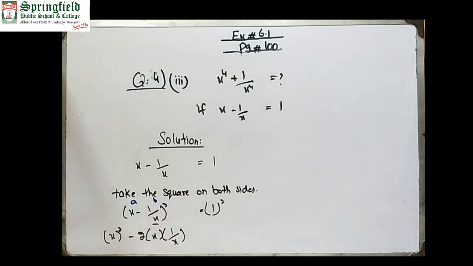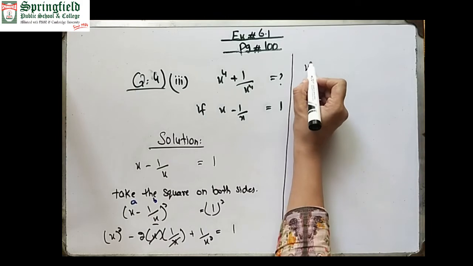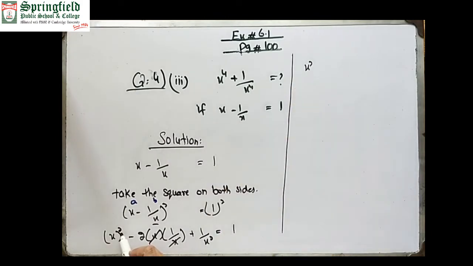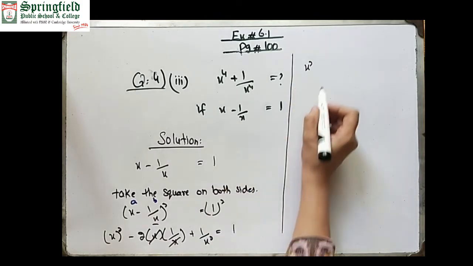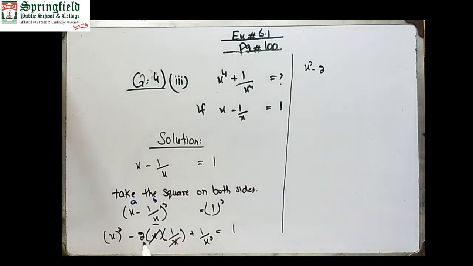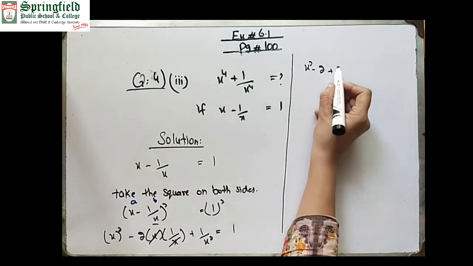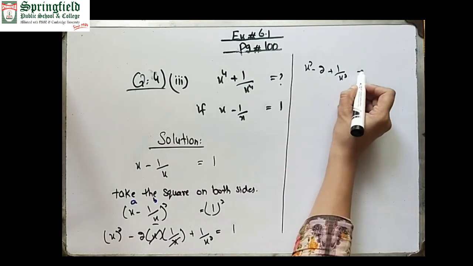Fine. Okay, now plus b square is equal to 1 square means 1. So x can be cancelled with the x. So x square, x power 2 means x square minus, here 2 is just left, and then plus 1 by x square is equal to 1.